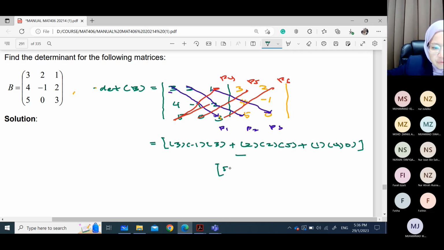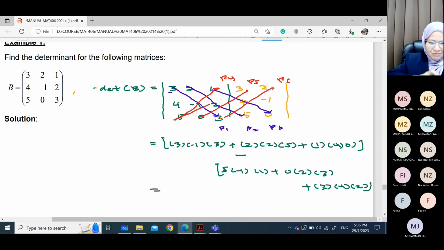So 5 times negative 1 times 1 plus with P5, 0 times 2 times 3. And then plus with P6, which is 3 times 4 times 2. Okay, kira berapa tu? 1, 3. Okay, so plus with 2 times 2, 4. 4 times 5 is 20.